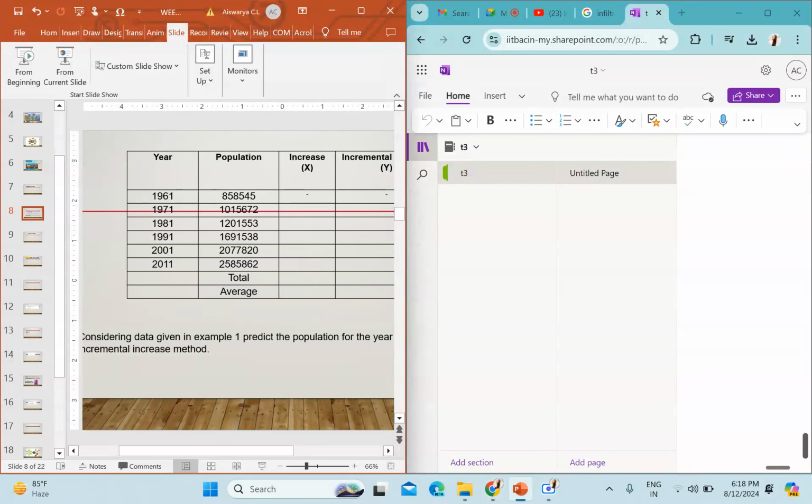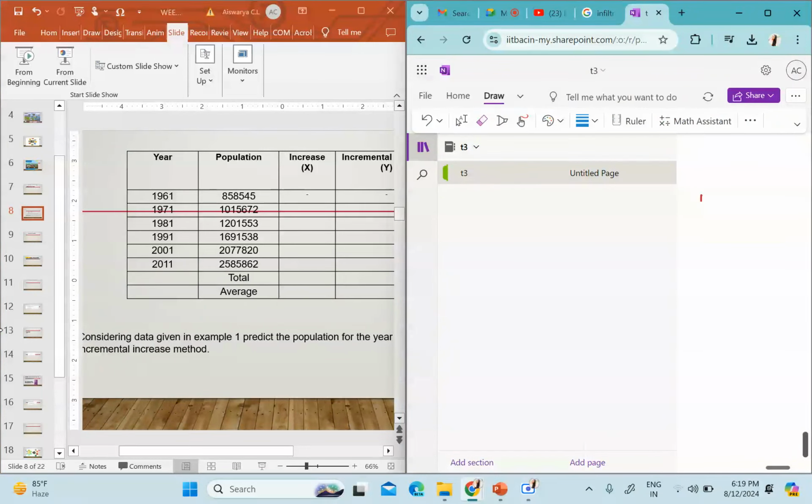You have to note down the increase value, like here for 1971 the value is 1015,672 minus the value above it. You always have to calculate the population in 1971 minus the population in 1961.